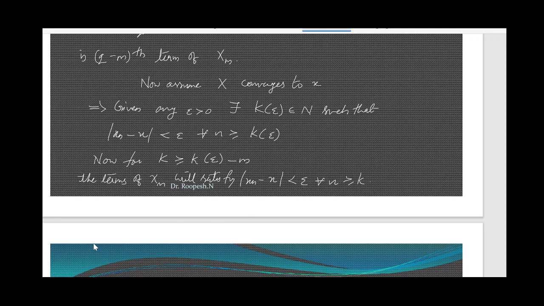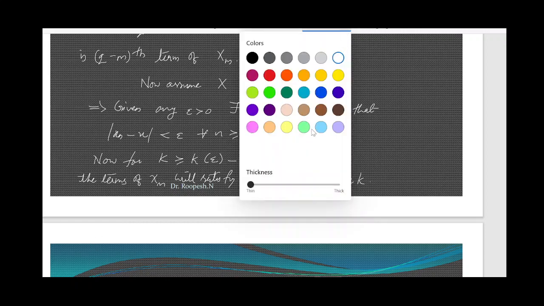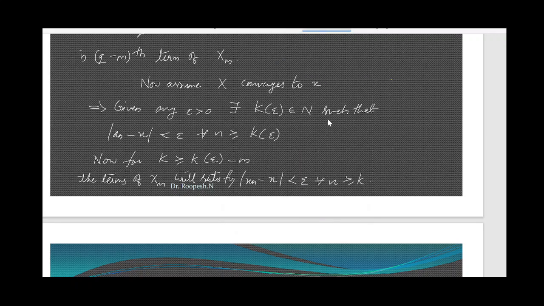So what does this mean? See, what I am taking is, suppose we have got a sequence here. My sequence is x1, x2, x3, etc. This is my sequence x. I'm taking x_5, and suppose this sequence converges to some x.